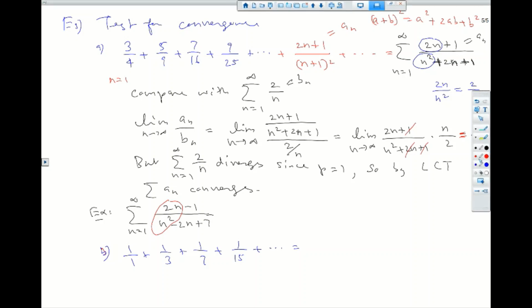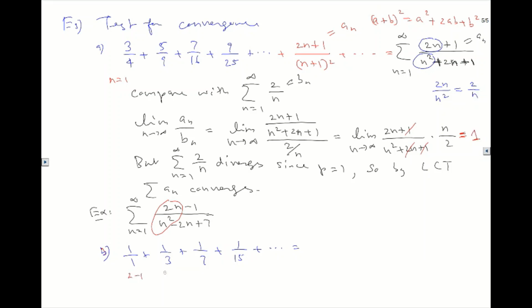What is the nth term? This is like 2 minus 1, 4 minus 1, 8 minus 1, 16 minus 1. That means your series is 1 over 2 to the n minus 1, with n starting from 1 to infinity.